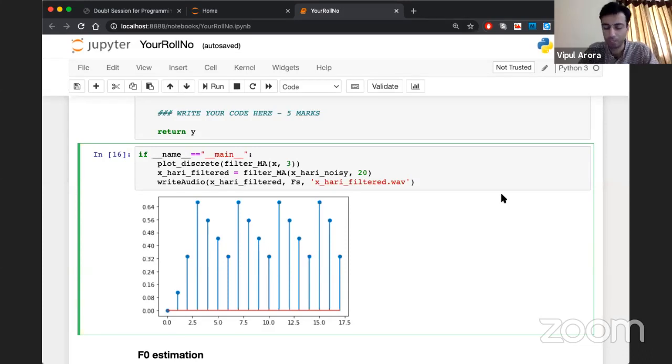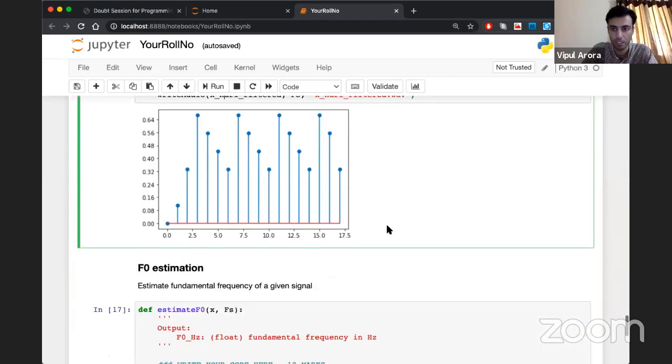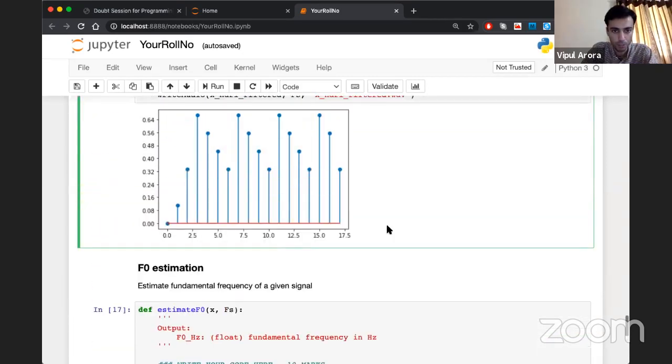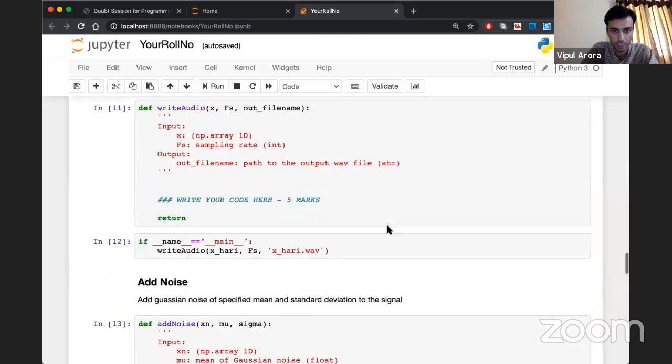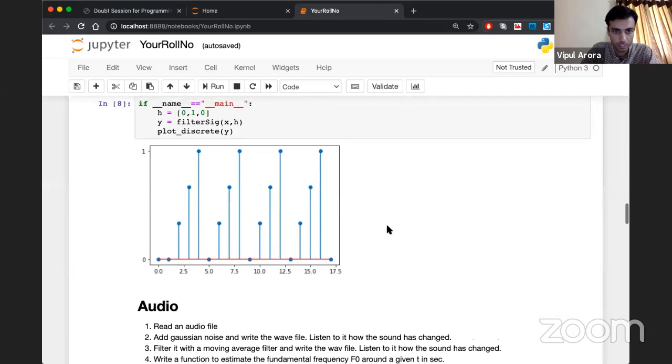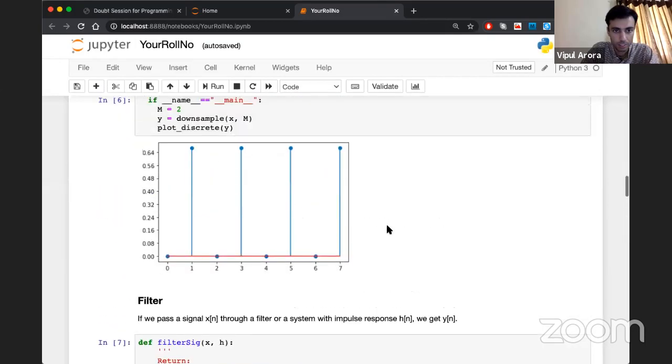You take the 0th sample, then the Mth sample, then the 2M sample, 3M, 4M, like that. In our example, M was 2.